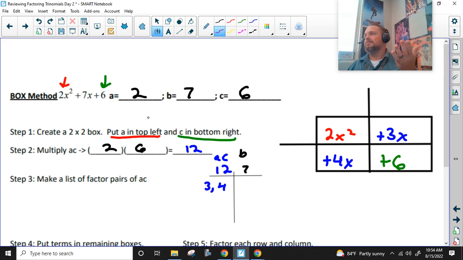And now we factor like we did with the box method. Start with the row. This row, the GCF is going to be an X. This one's going to be a 2. This one's going to actually be a 2X. And this one will be a 3.